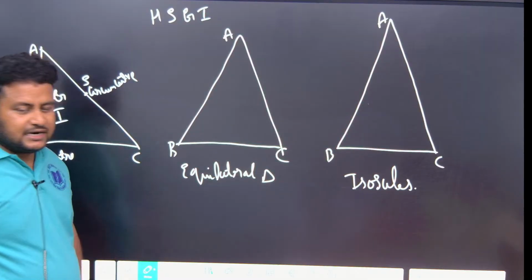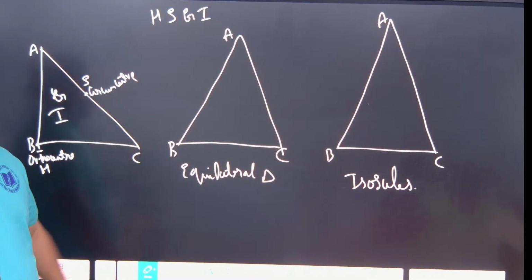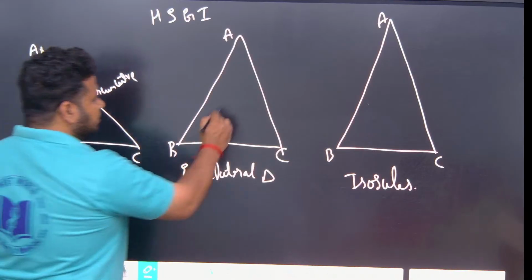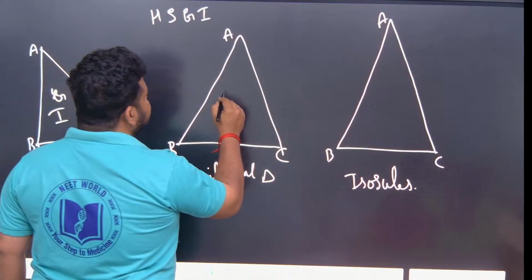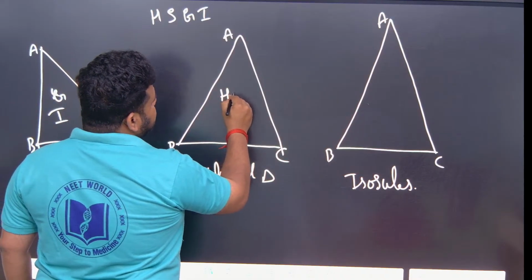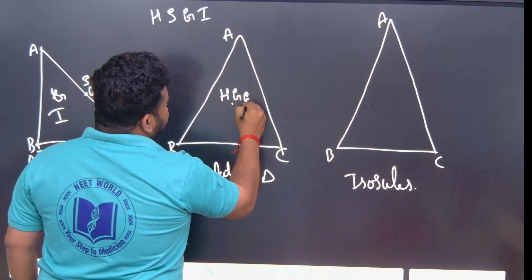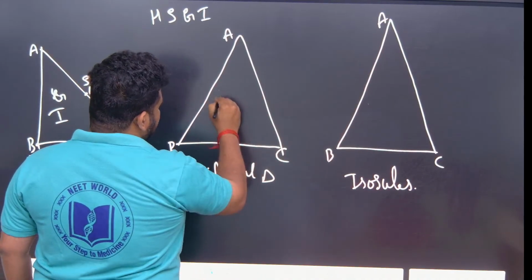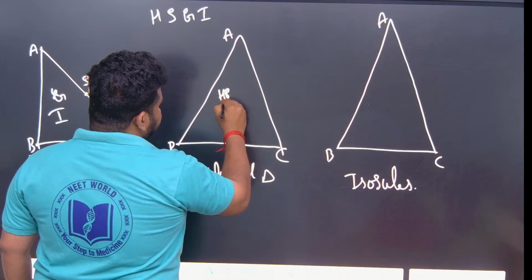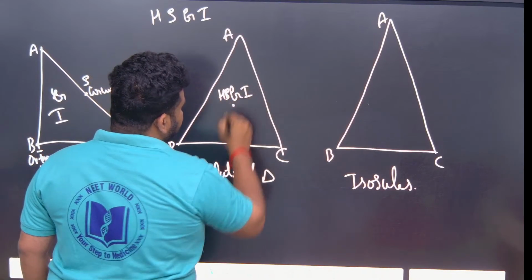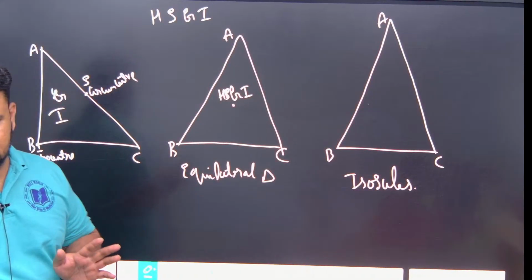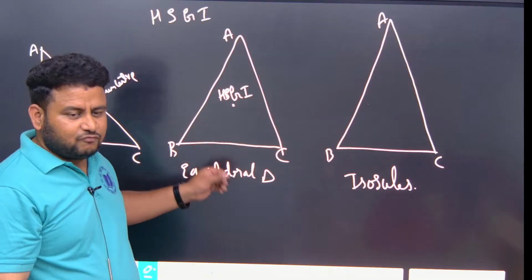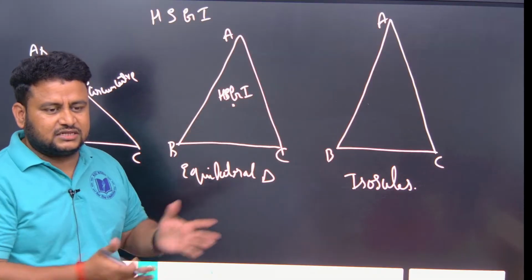So for an equilateral triangle, one unique thing: all the four will be at a single point. The orthocenter, circumcenter, centroid, and incenter will all be at a single point.